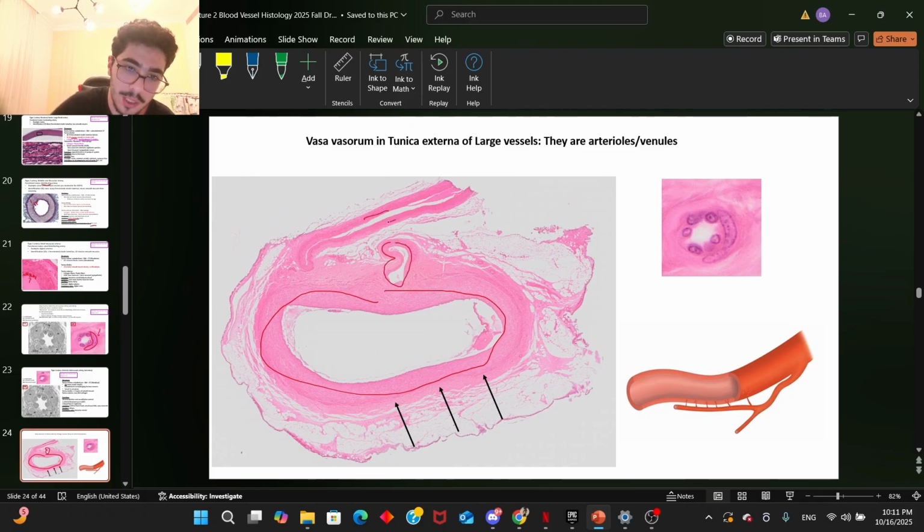But this one looks like an artery, and this one here is a small artery. If you zoom in to the tunica externa, you'll see arterioles.